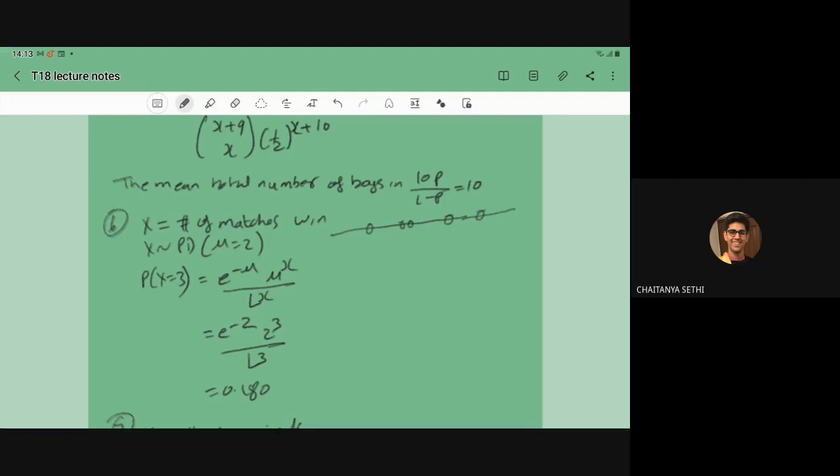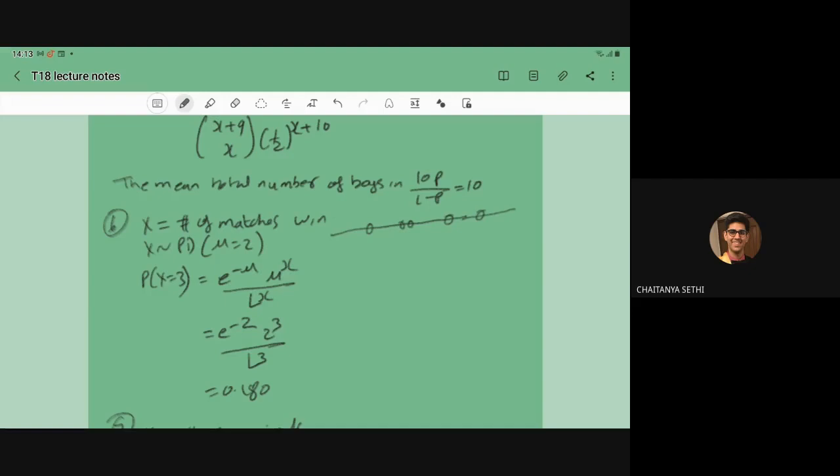Wherever we have to count only the number of successes, no matter how many tries we require, we are interested only in the number of successes. So the number of matches won, right? So here x follows a Poisson distribution with mu equal to 2. What is mu?